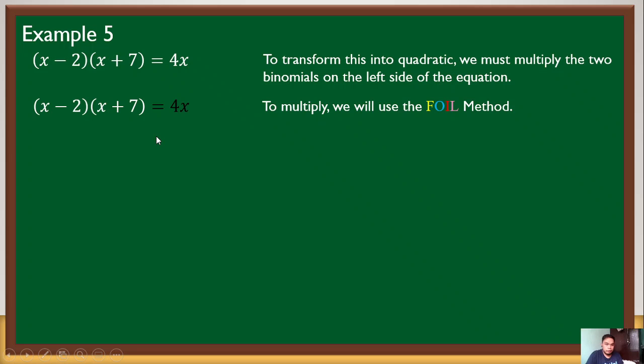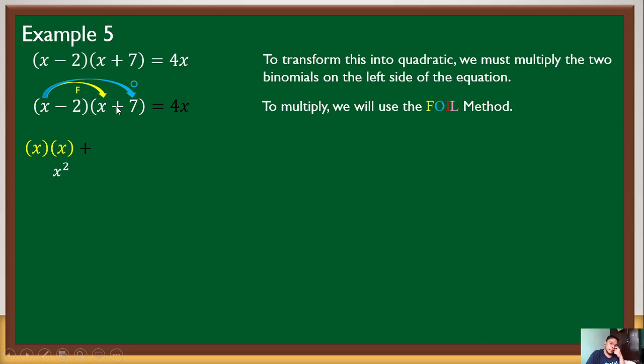We can use the FOIL method or any method that you know. Okay, so for the FOIL method, we have to multiply the two first terms. So we have the two first terms, the x in x minus 2 and the x in x plus 7. X times x is equal to x squared. Then O stands for the outer terms, the terms at the leftmost and rightmost.